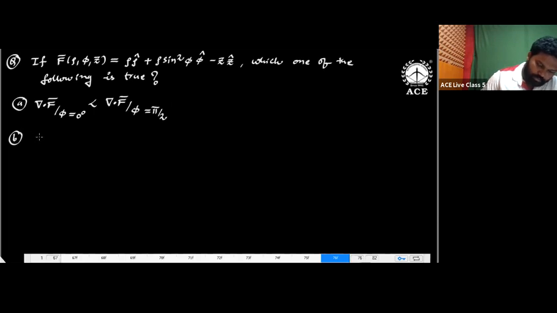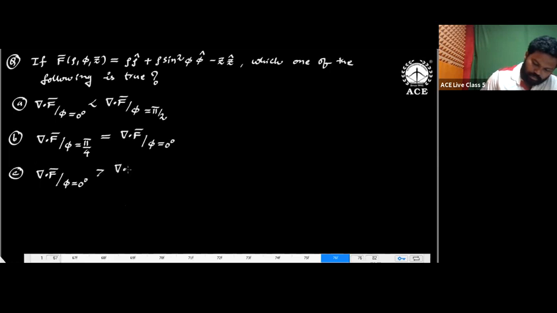Option B, divergence of f at phi equal to pi by 4 is equal to divergence of f at phi equal to 0. Option C, beta, divergence of f at phi equal to 0 is greater than divergence of f at phi equal to pi by 2.